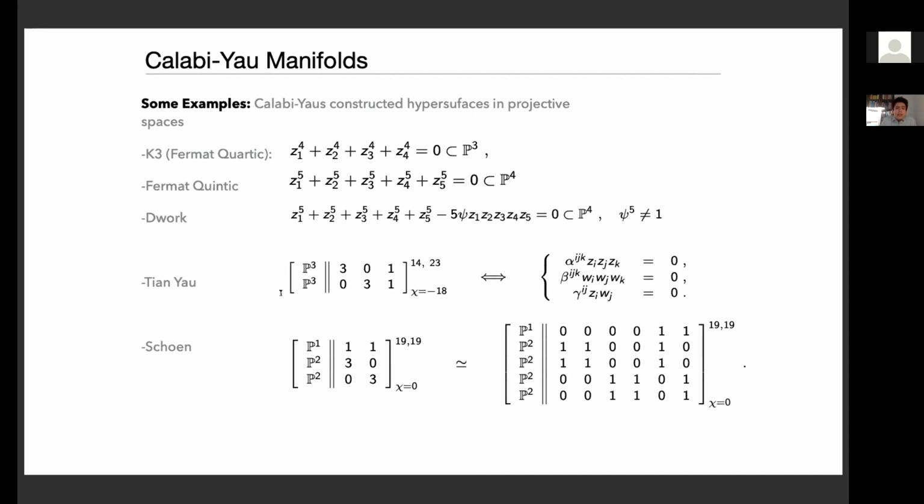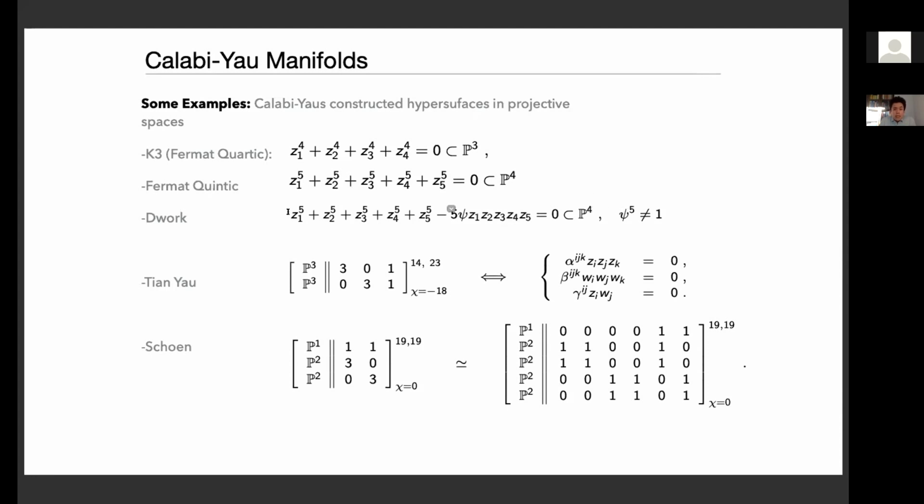And in here, I'm presenting the Fermat quartic. Similarly, there is the Fermat quintic, which is obtained by cutting a quintic hypersurface in P4. And one can further deform this polynomial by 1 parameter psi and get an entire family known as the Dwork family.